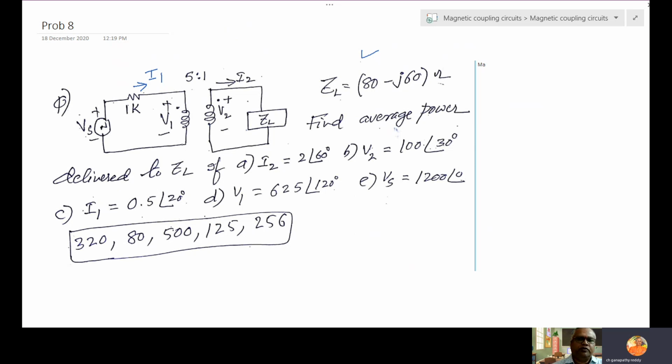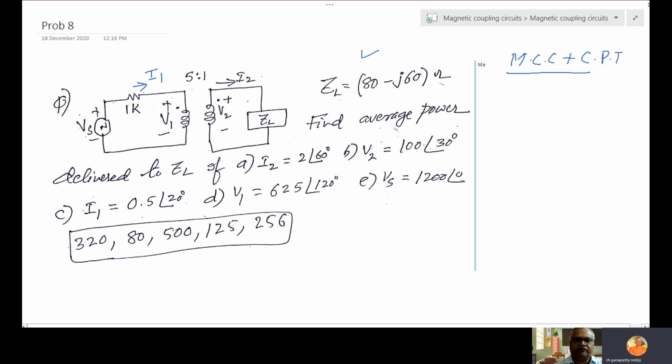Find the average power delivered to ZL under various conditions. I2 given, V2 given, I1 given, V1 given, Vs given, how to do it? The topic is magnetic coupling circuit with the construction of power triangle. This is a combined topic.